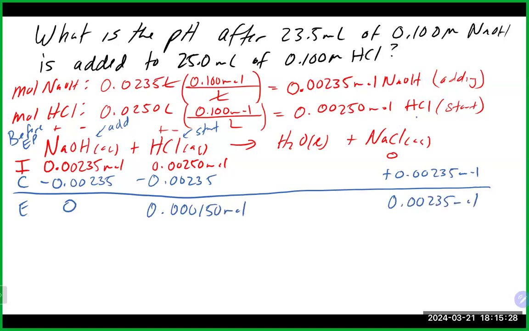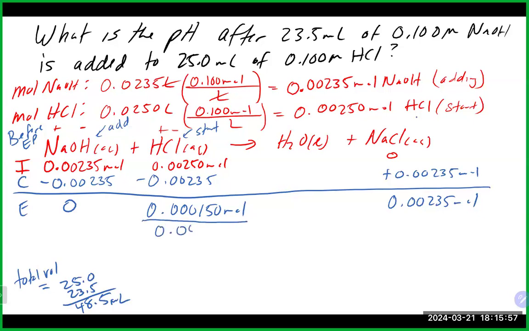At this point, you should really just get into a habit of converting it back to molarity. So we're going to go with a total volume at this point of, we started with 25 milliliters. We added 23.5 milliliters, giving us 48.5 milliliters as our total volume at this point in the titration. We want to convert that back into liters.